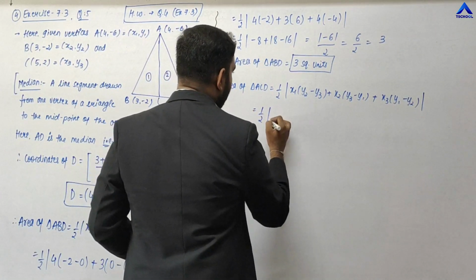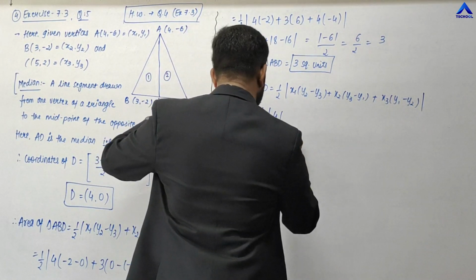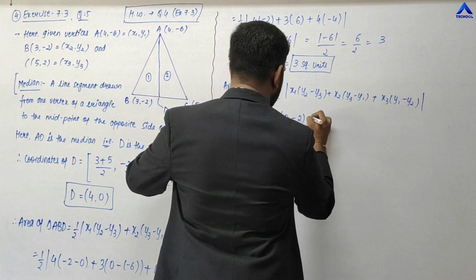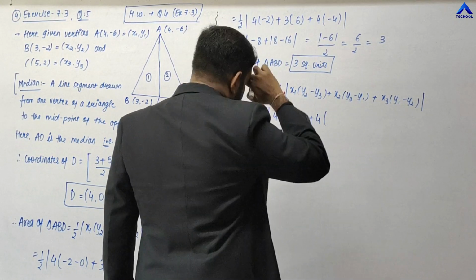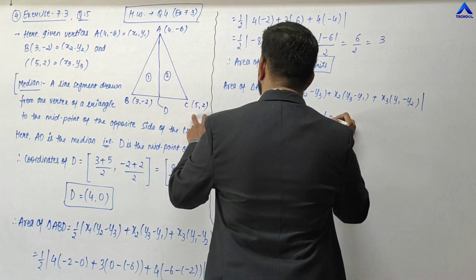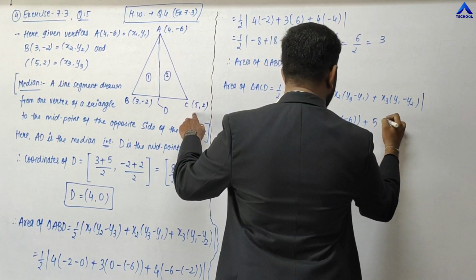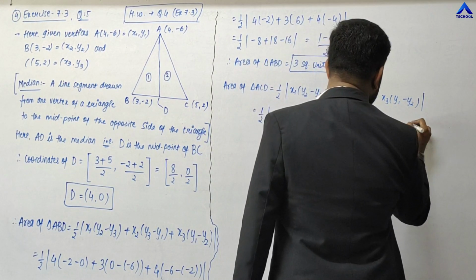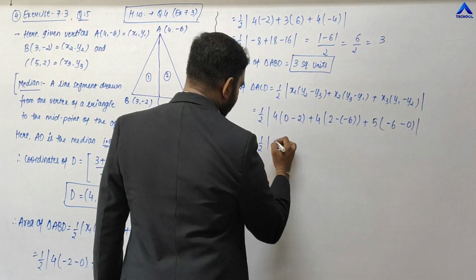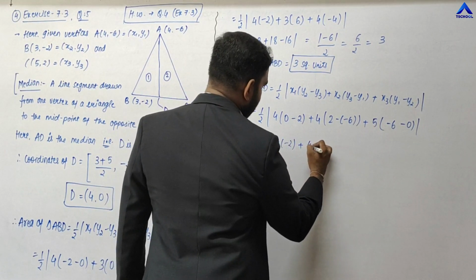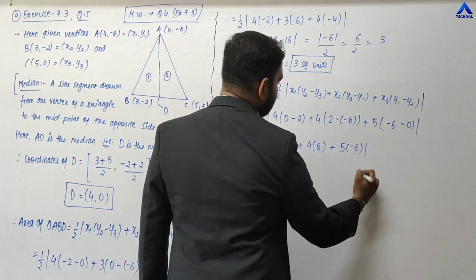That is half modulus x1, that is 4, into y2, that is 0 minus 2, plus x2, that is 4, into y3, that is 2 minus minus 6, plus x3, that is 5, into y1, minus 6 minus 0. So that gives me half into 4 into minus 2 plus 4 into 2 minus minus plus 6, that is 8, plus 5 into minus 6.